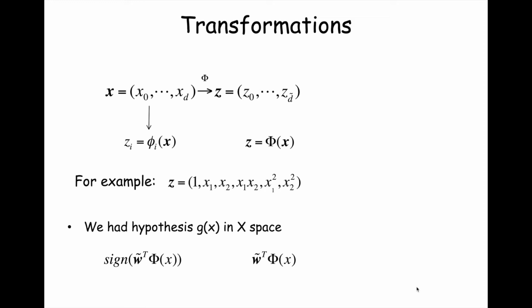And so in this case, the original feature vector was 2 dimensions, you augment it to make 3 dimensions, x0, x1, and x2, and then your z transform would have the 0th feature be 1, and then we have x1, x2, x1 times x2, x1 squared, x2 squared. And that's a quadratic transformation, and a quadratic is certainly nonlinear.